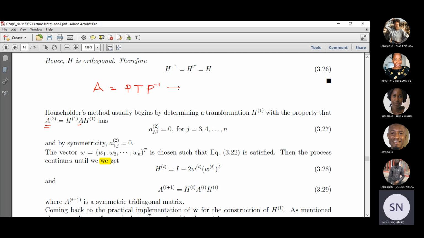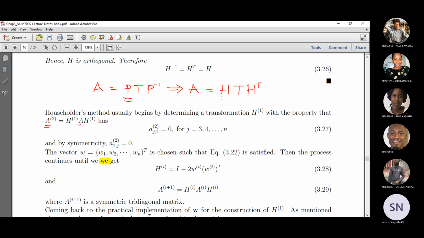Okay, but now in our case it will be something of this form. Now we'll be using those rotations as our P, and we know that they are invertible. Why? Because they are orthogonal. And then we get something here, and then we get the transpose, something like this.